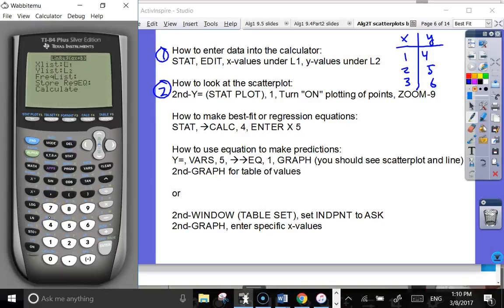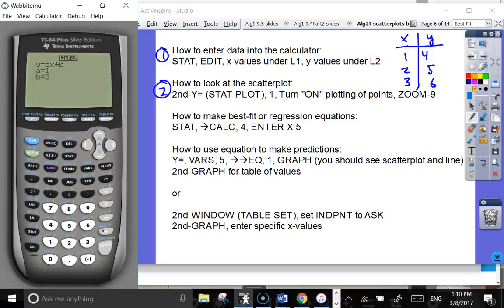Right, and when you do that, you see this screen here, and it says it's taking the x values from list 1, taking the y values from list 2, and then these things we never mess with. So don't mess with those. Just hit enter 5 times. Right, and since we picked linear, it's giving us the standard equation for linear, ax plus b.